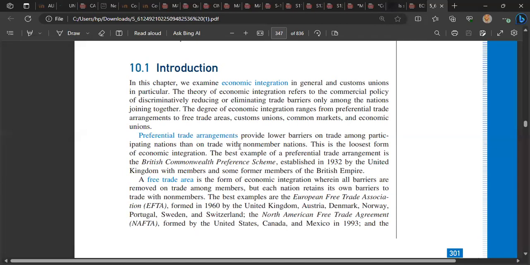All right, let's continue. So a free trade area is a form of economic integration wherein all barriers are removed on trade among nations, but each nation retains its own barriers to trade with non-members. Now there is a nexus between the preferential trade arrangement and the free trade area.